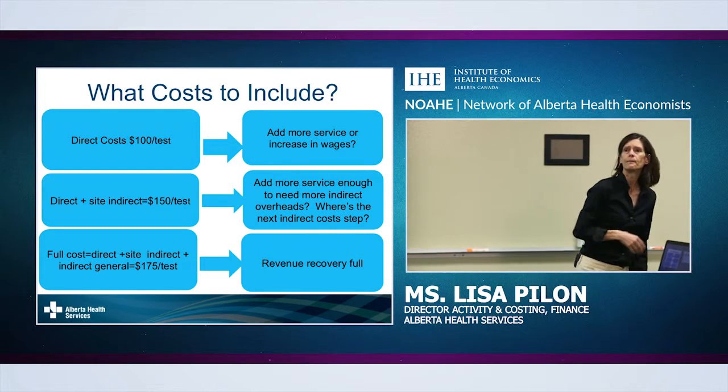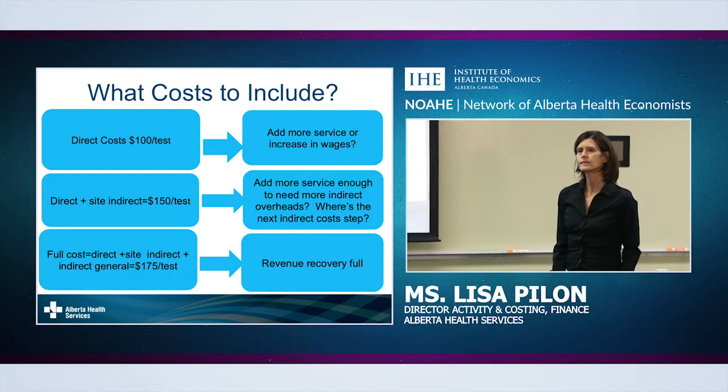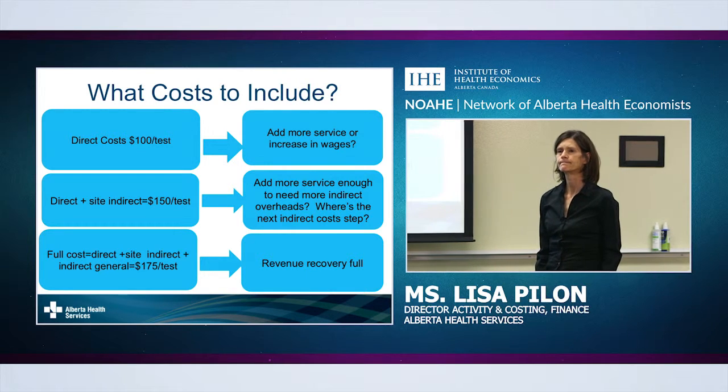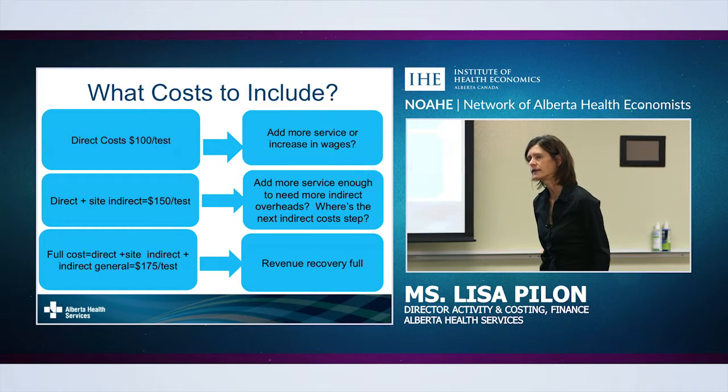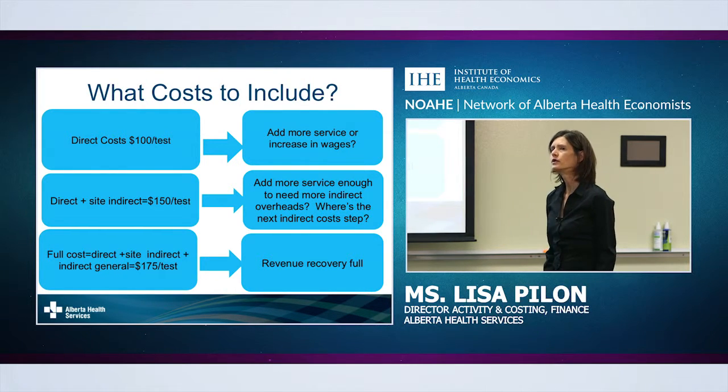Lisa: Would capital costs be outside the scope of indirect costs? Capital costs would actually be in the indirect overheads. Depreciation on a piece of equipment in the DI lab would be in their direct costs. Does that make sense?